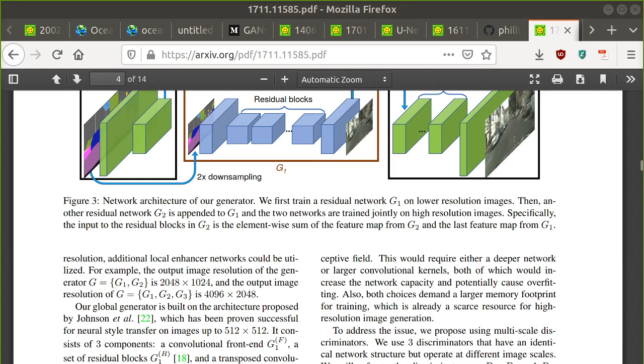Hi, no, I don't have a question. I just wanted to add to the previous discussion about having GANs that sequentially get better at producing super resolution images.